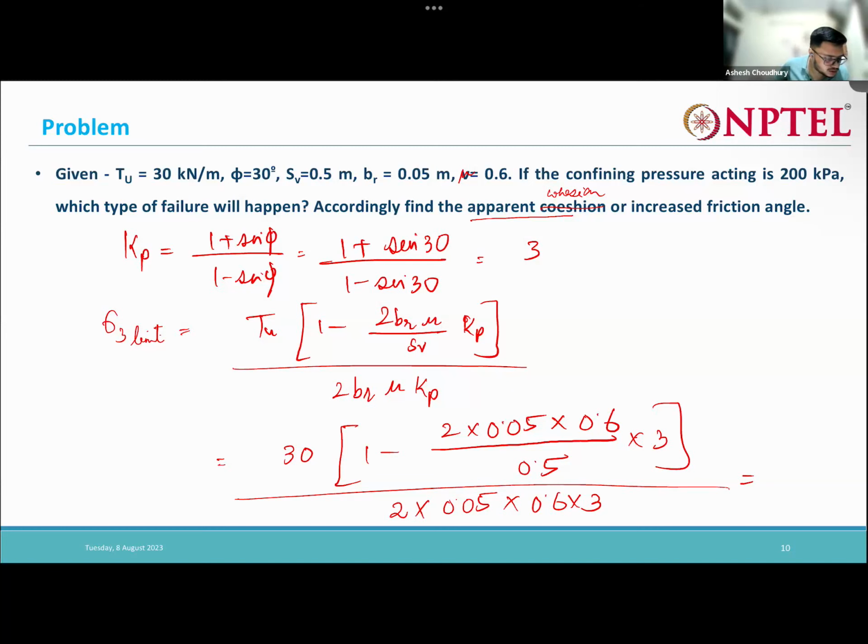Please calculate this one. This is nothing but 106.7 kPa.